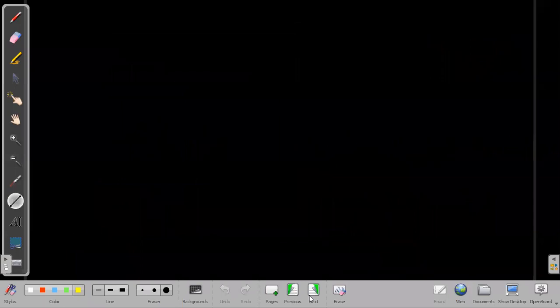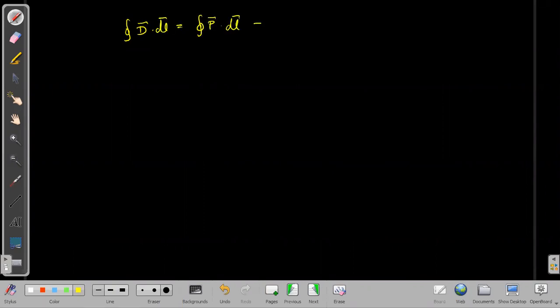By using the expression closed integral D dot dl equal to closed integral P dot dl, you can show that D1 parallel minus D2 parallel equal to P1 parallel minus P2 parallel. So how to do that? I think that is again not a very difficult task.